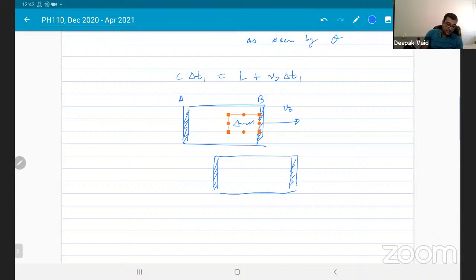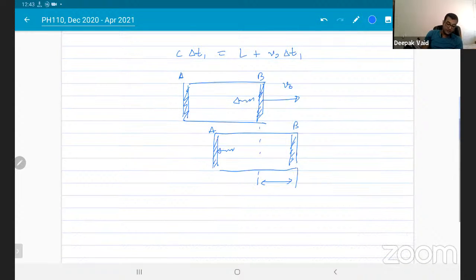By the time this light beam reaches back to A, the box has moved forward by this distance. And what is this distance? Well, let's say that it takes a time delta t2 for the light to go from here to here as seen by O. So then this distance will be v naught delta t2.